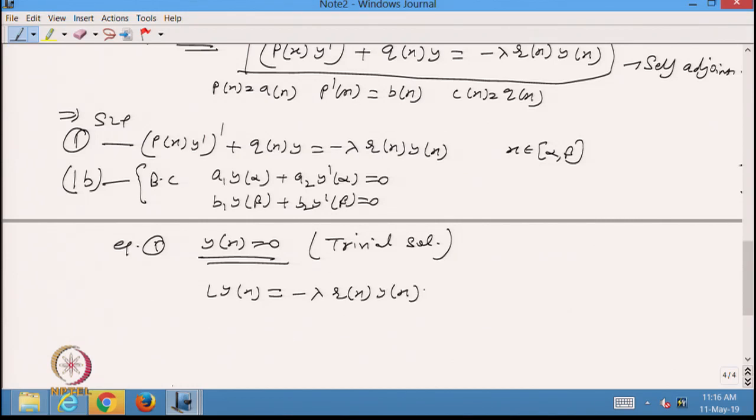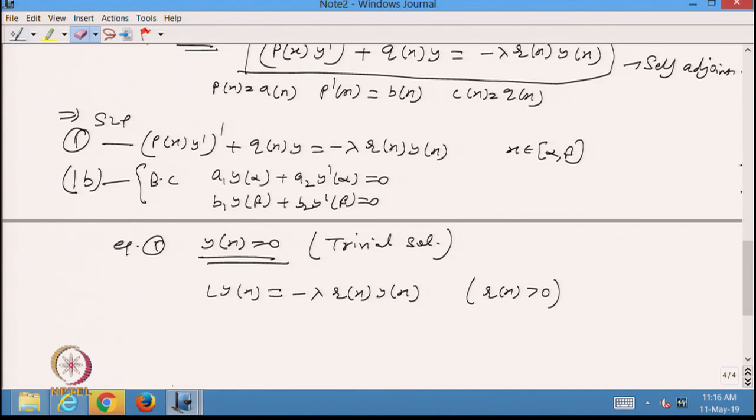So, the Sturm-Liouville problem can be written like this one, and now I am just assuming that the function r(x) is always positive.